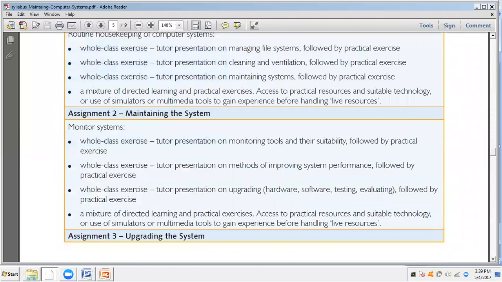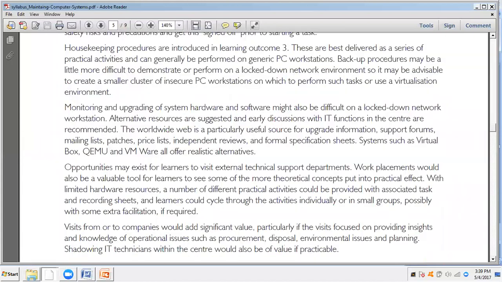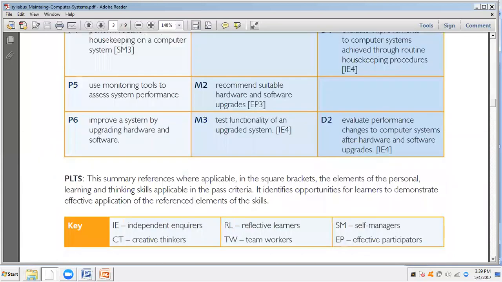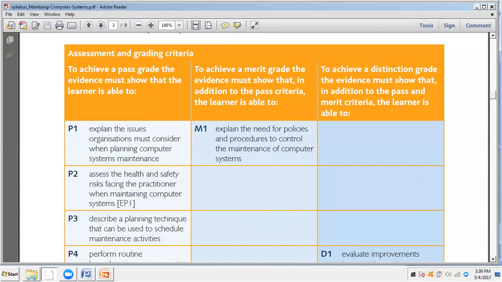Let me check. We're looking at P1 and maintaining system, I think on page 3. So we can see on the left-hand side is P1, P2. You have completed this one, right? P1 and P2. Yeah. So now I'm looking at working on P3.